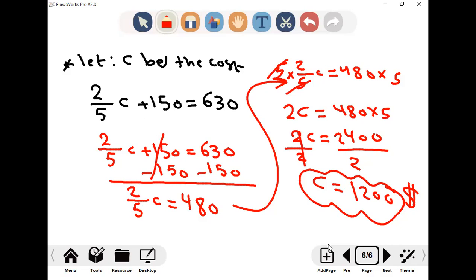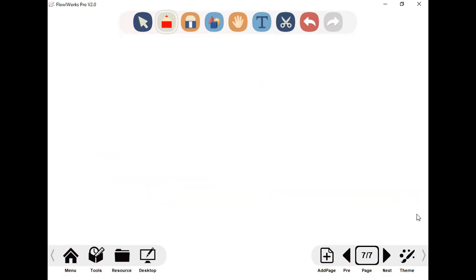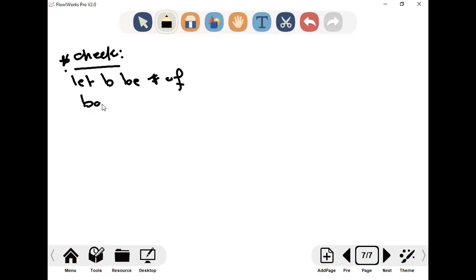So let's do it together. We are on the check. Let B be the number of the basketballs. 2/3 of its basketballs, he sold them all and 8 returned.